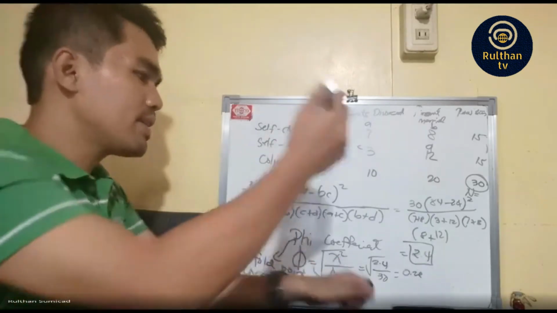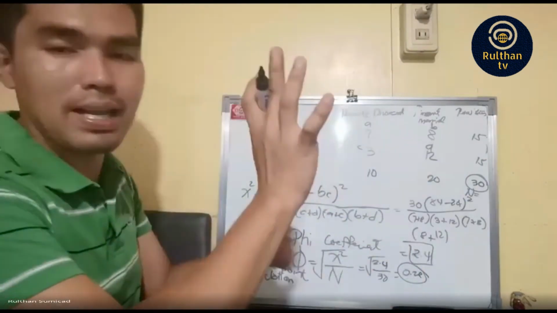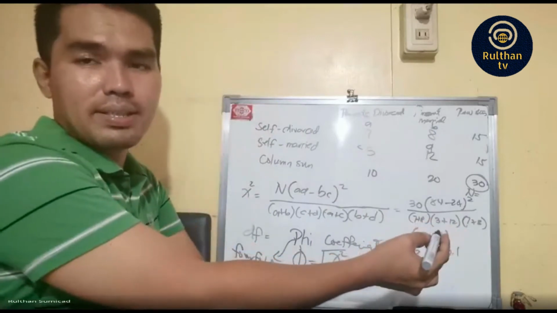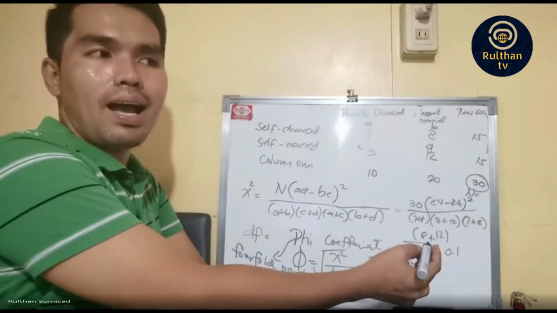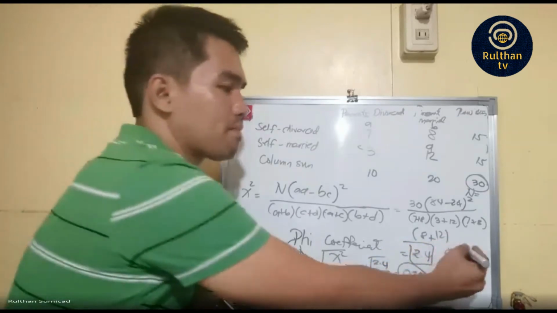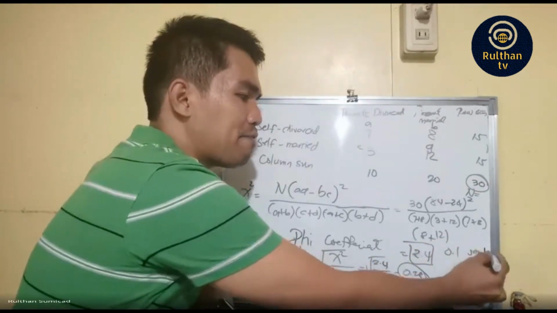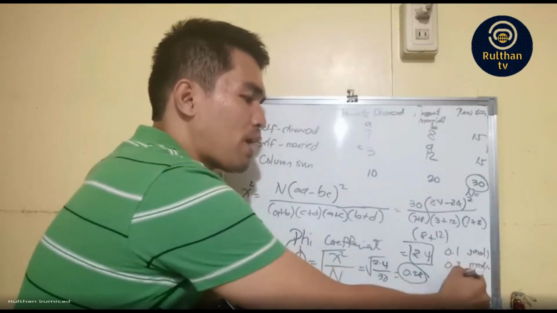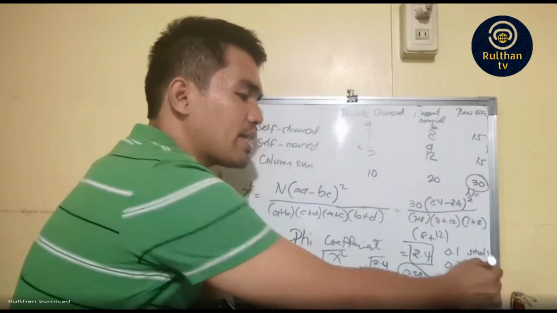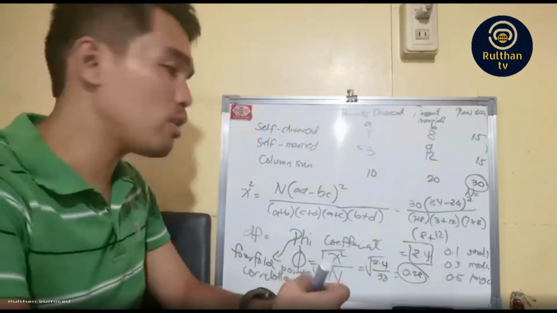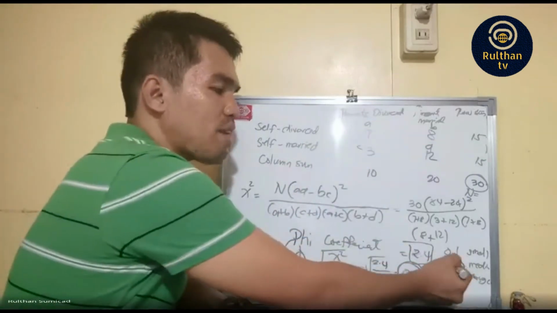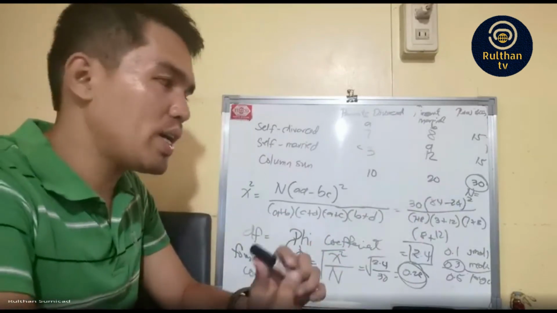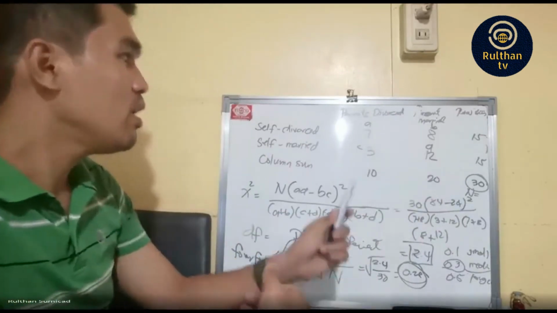So 0.1 is considered a small effect, 0.3 is medium, and 0.5 is a large effect. That is the interpretation of the phi value. Since 0.28 is very close to 0.3, it implies that there is a medium effect, or a medium strength of association for this result.